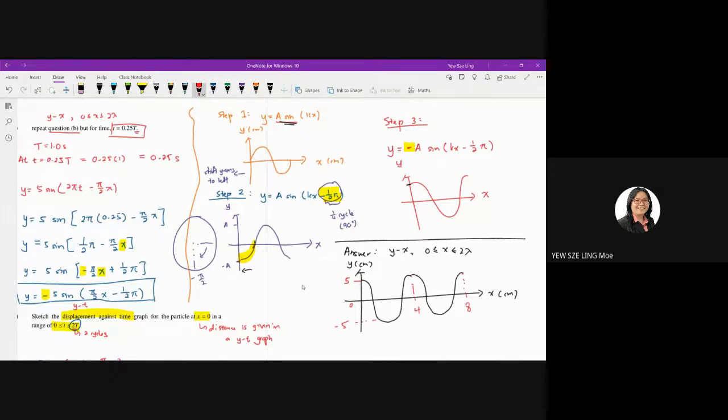Okay, so now I give you 5 minutes to write it down because this is quite a complicated question actually. So 5 minit untuk kamu catat. Okay, boleh juga catat step 1, step 2, step 3 supaya anda faham.